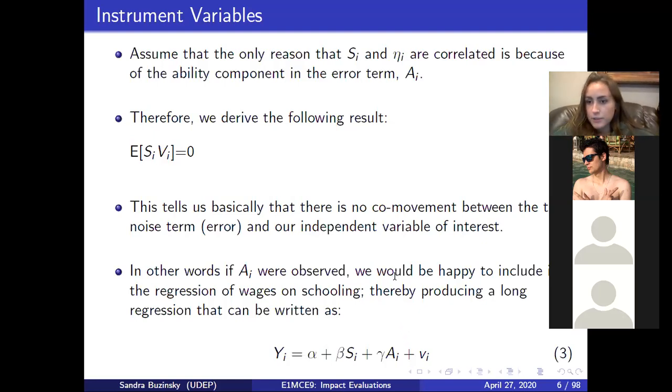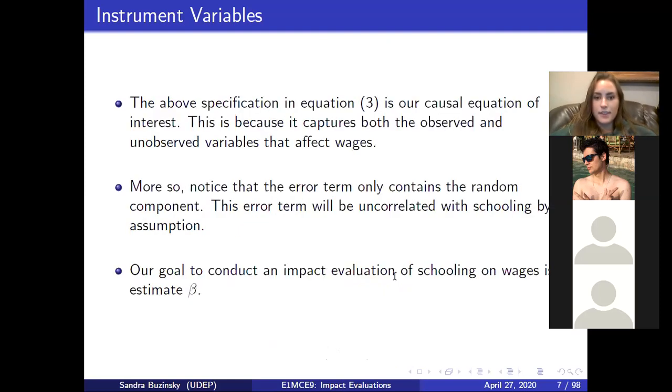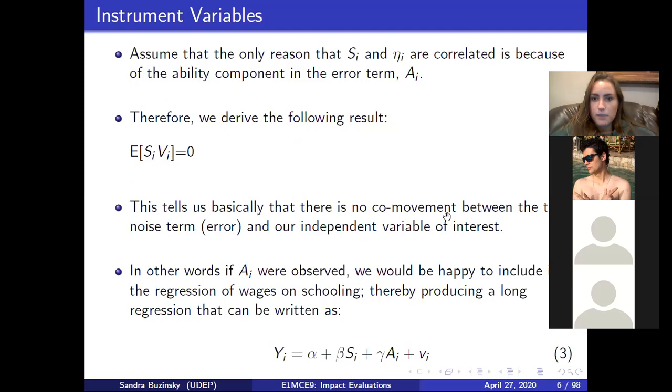So we would like to control for ability, but of course it's unobserved and we cannot put it into our regression. But it would be our causal effect of interest in this case. So if the only correlation, as we said, between S_i and eta_i, our original error term, is ability, then when we control for ability, we have causality.